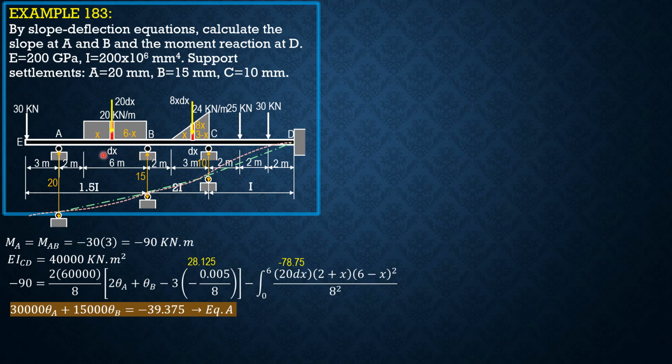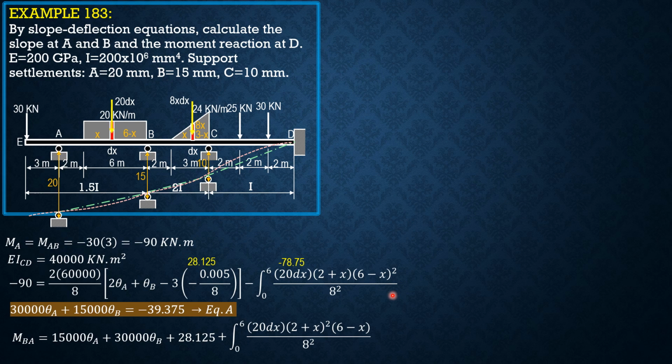Then we set up moment BA. So moment BA equals, interchange the coefficient, 15,000 plus 30,000 plus 28.125. Then for the fixed moment, positive integral, so we just make 2 plus x squared, 6 minus x raised to 1 over 8 squared, and positive 0 to 6, 20 dx, 2 plus x squared, 6 minus x over 8 squared.